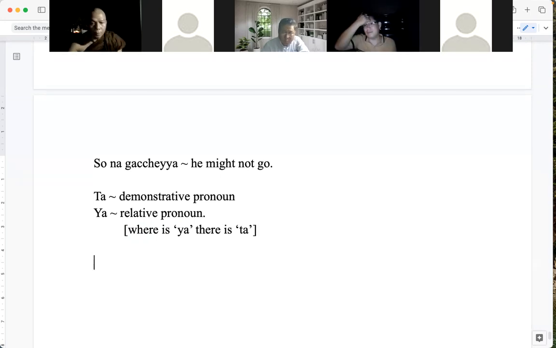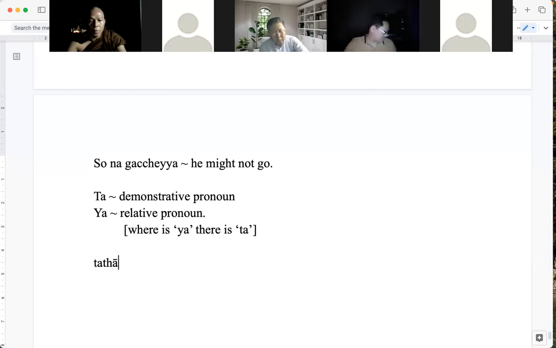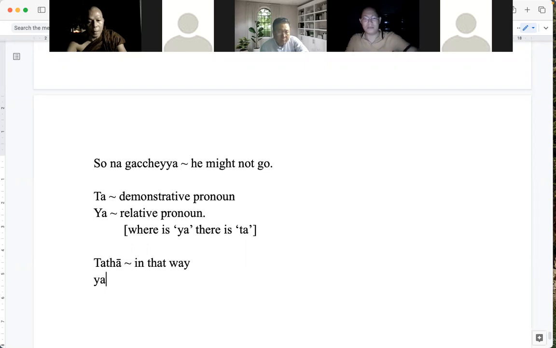That is why here, tatha is 'in that way', and then yatha is 'in what way' or 'in whatever way'.